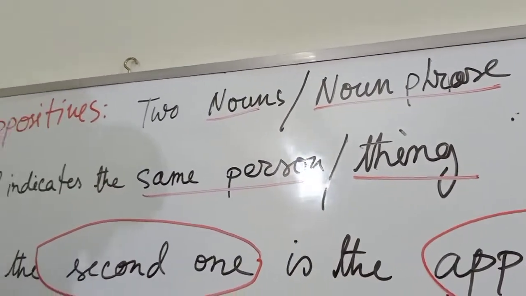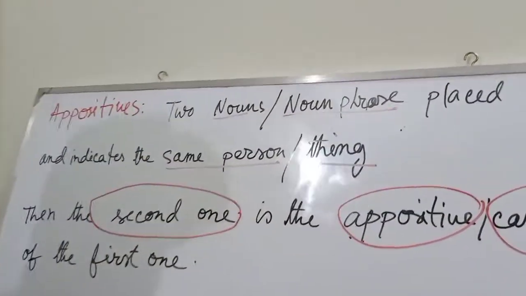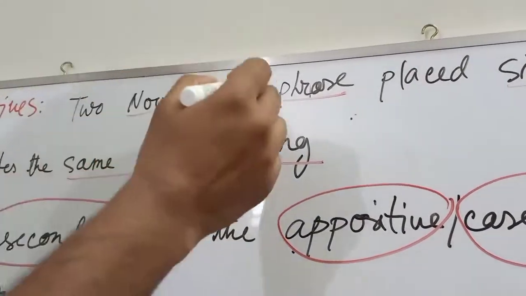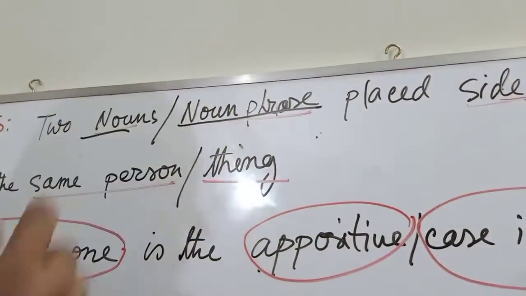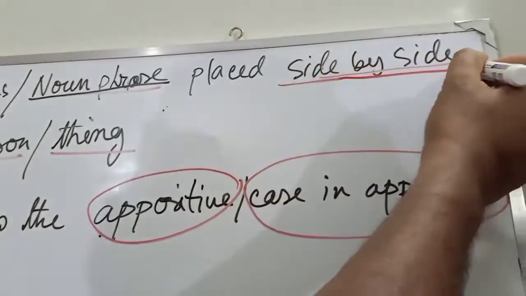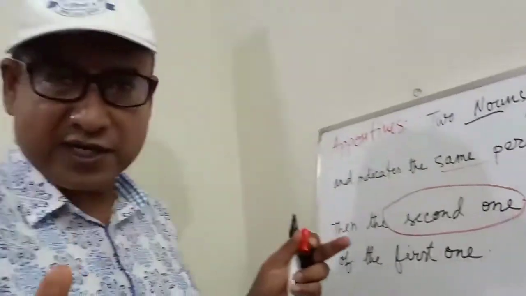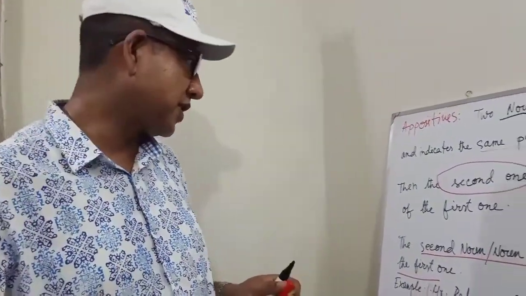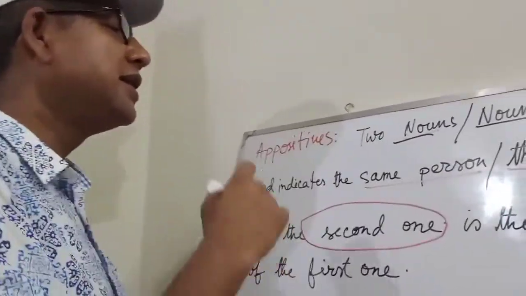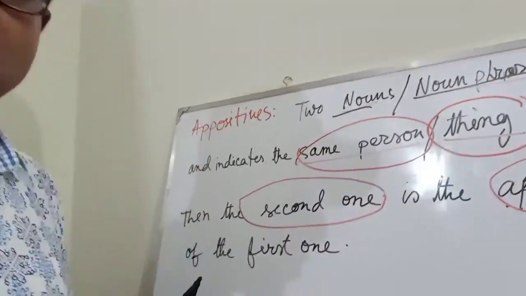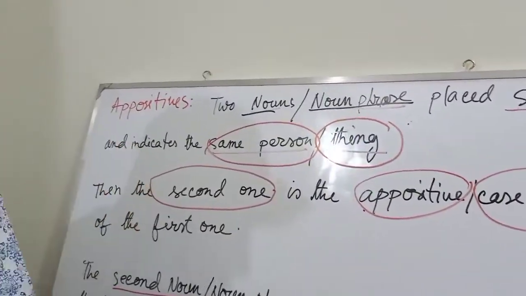In the example it will be cleared, but I want to define: two nouns or noun phrases placed side by side, but indicating the same person or thing.